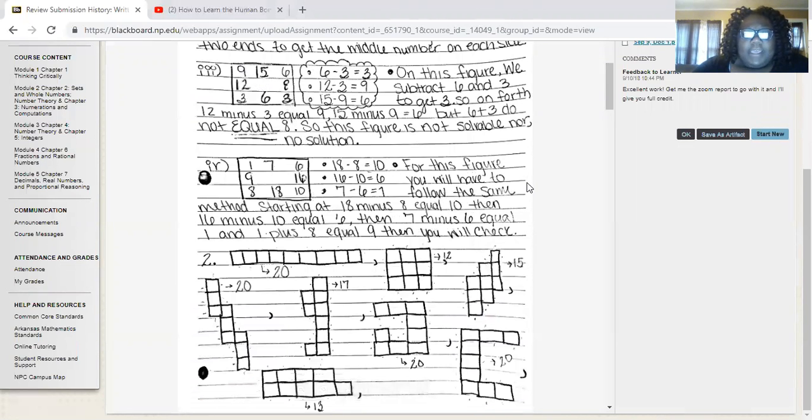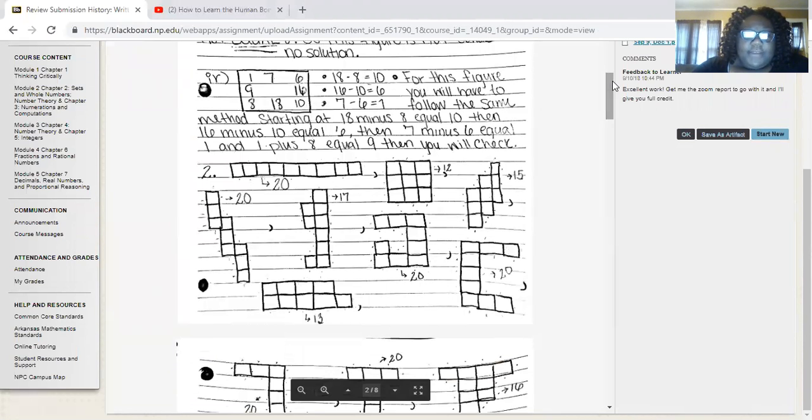So in this one here, the reason why this is not solvable nor a solution is because 9 minus 6 is not 15. So that one is not solvable.